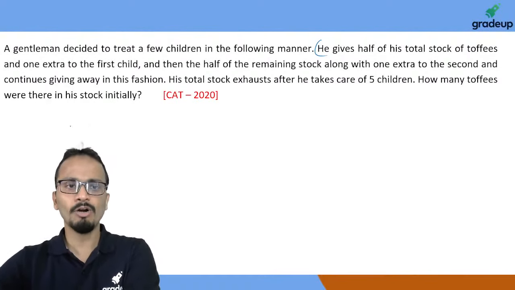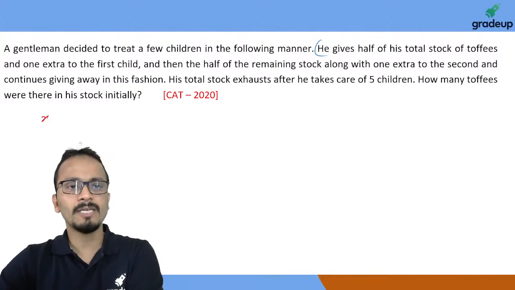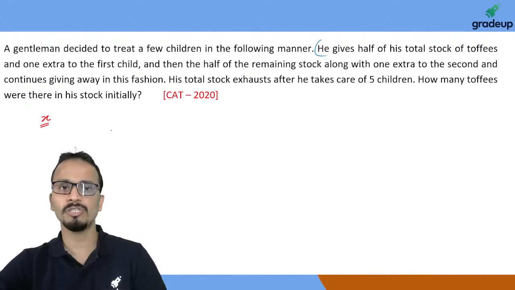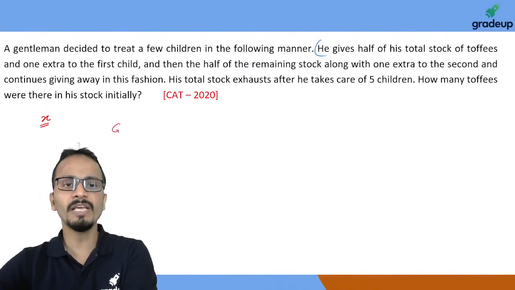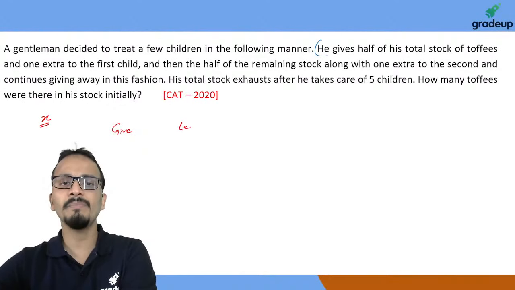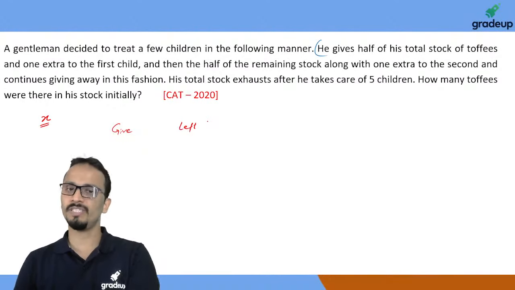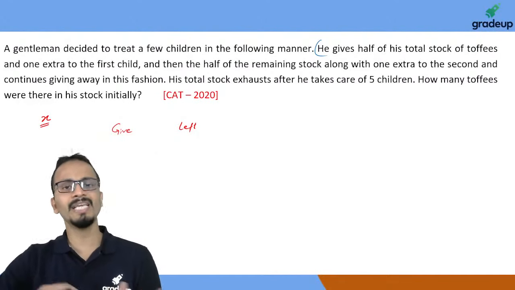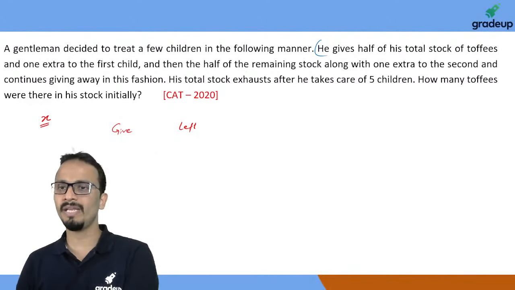Now let's assume that X is the initial number of toffees that this person has. Now he will give some toffees to a child and then he'll be left with some toffees. So out of X, if he gives some toffees, then he'll be left with the remaining number of toffees.